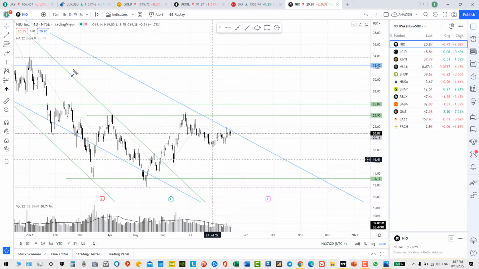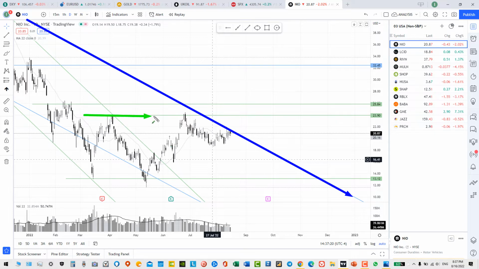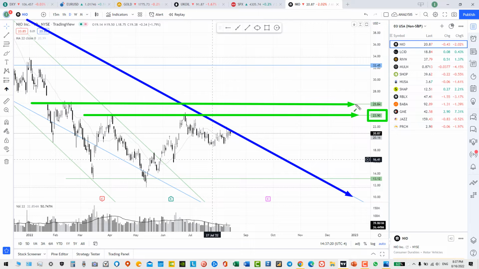First of all, we should draw and highlight the different resistances that are facing the stock. First, the downtrend line from the weekly chart. Then we can see the short-term resistance around $24 and another short-term, relatively medium-term one around $26.